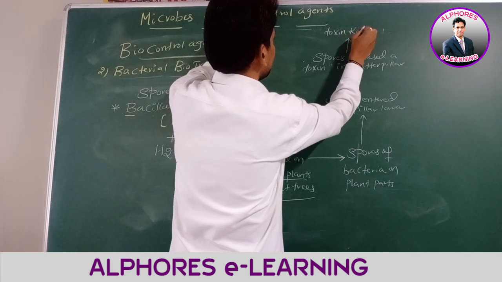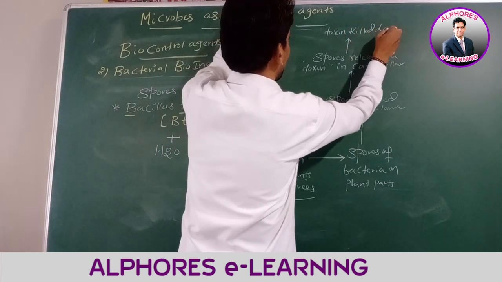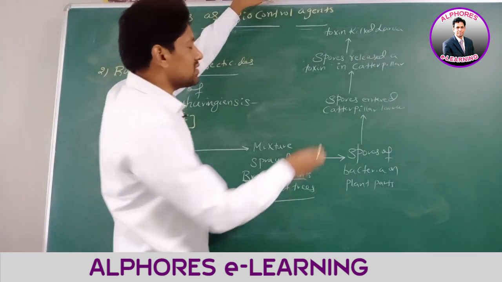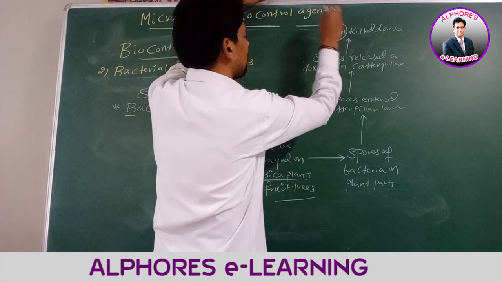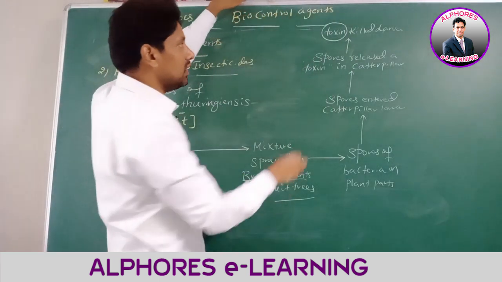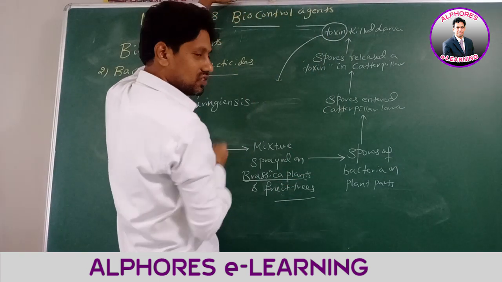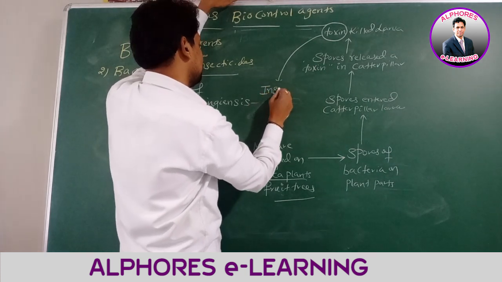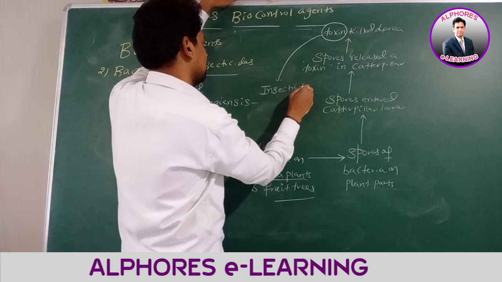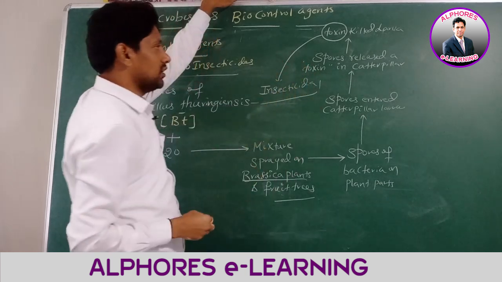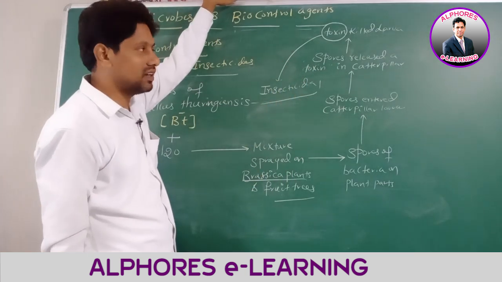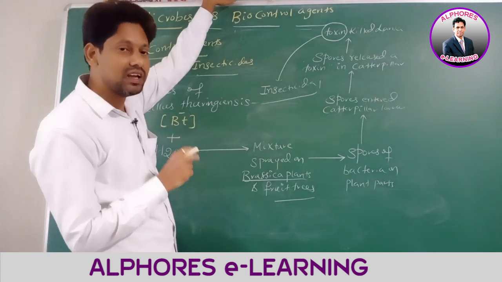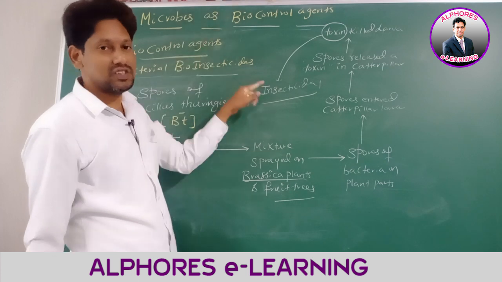This toxin killed the larva. Is this statement okay? It means this toxin is having which property? Property to kill insects. Therefore, this toxin becomes insecticidal. This toxin is with which property? Insecticidal property. Is this statement clear?